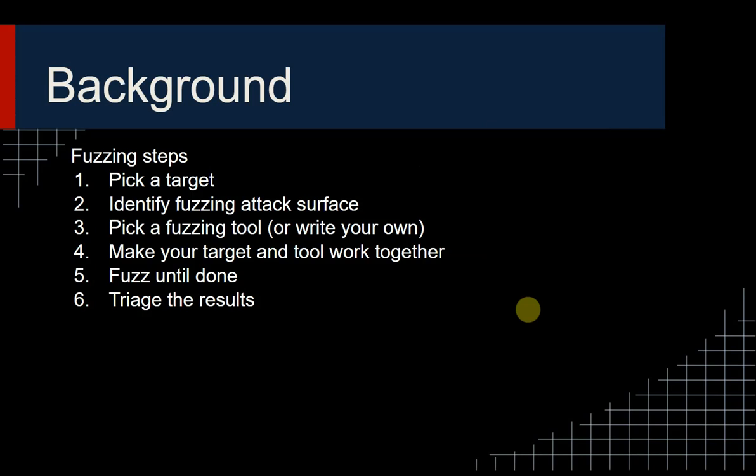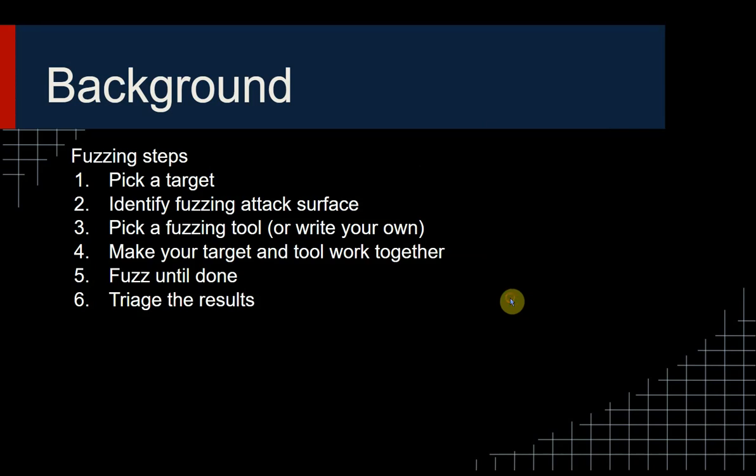For the stuff that we're going to look at this week, it's much more difficult, because we're essentially making changes in the compilation process. You then need to make your tool and your target work together. And then you start fuzzing, and when you've finished trying all of the possible combinations you were looking at, you then go through the process of triaging, checking the results to see what happened.